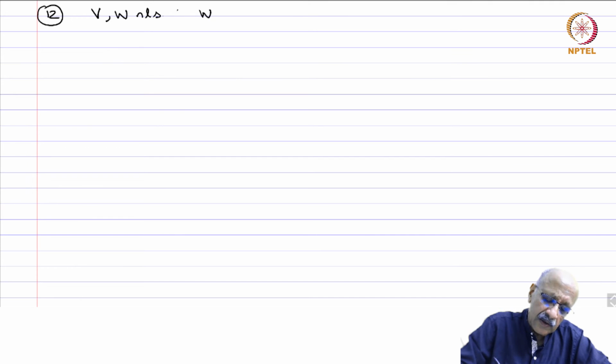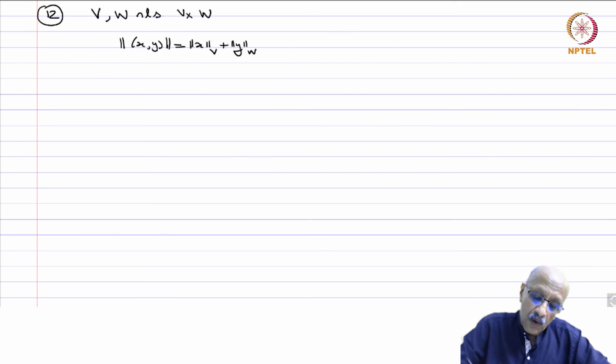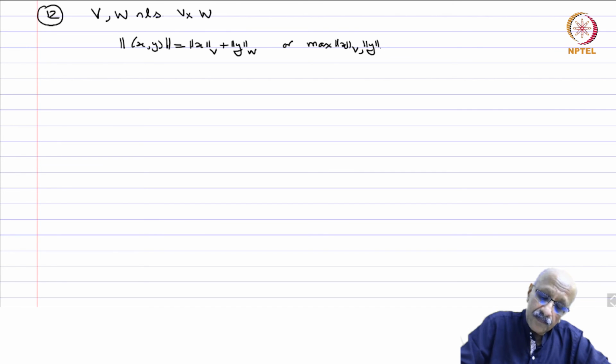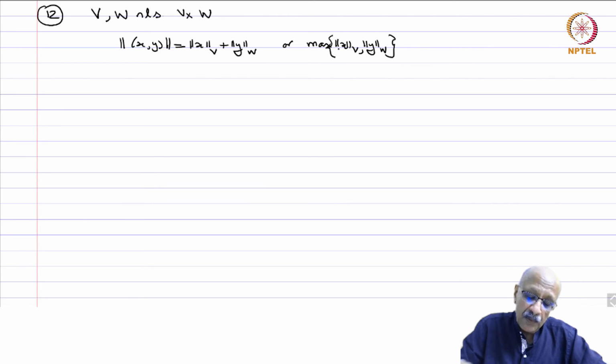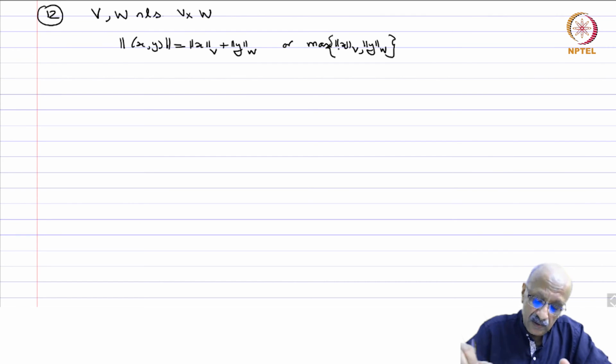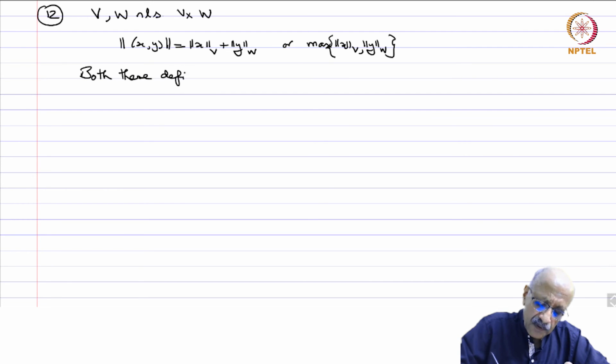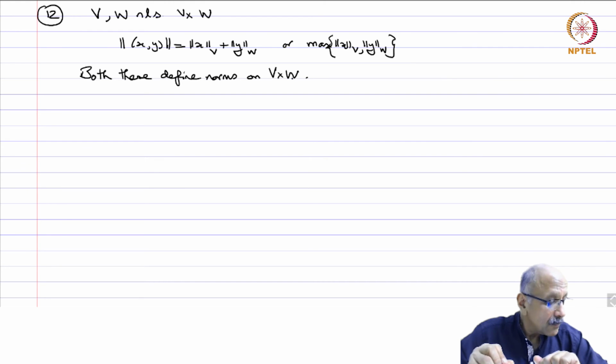Then we consider the Cartesian product V cross W, and on it I am going to put two norms: for (x, y), I am going to take as norm either norm x in V plus norm y in W, or max of norm x in V and norm y in W. Like in the case of C1, we had two possibilities for the norms, so we can do this here also. Both these define norms on V cross W.